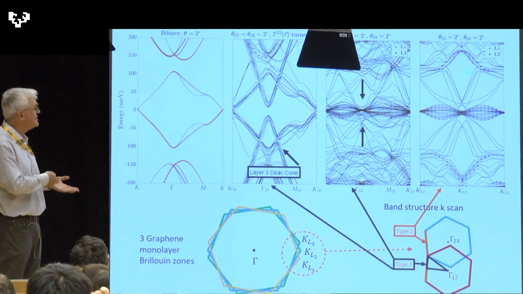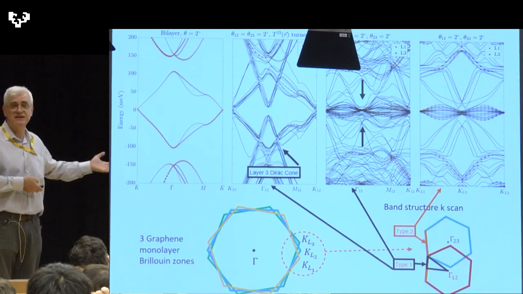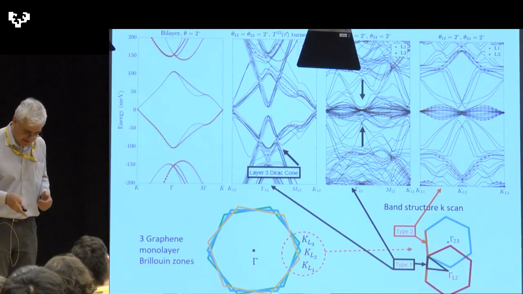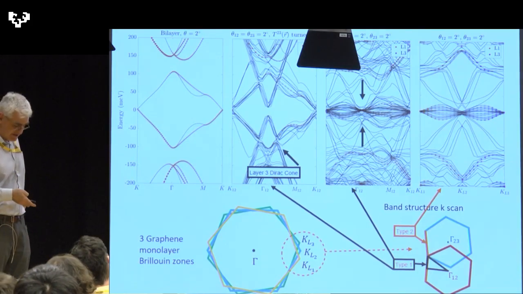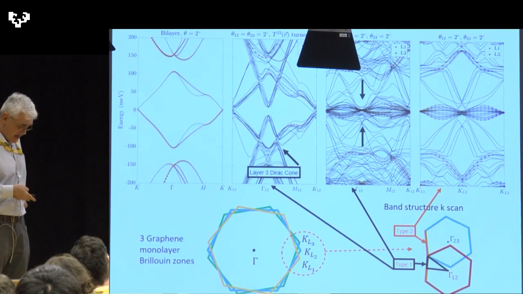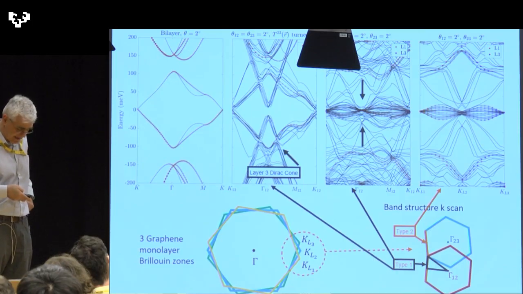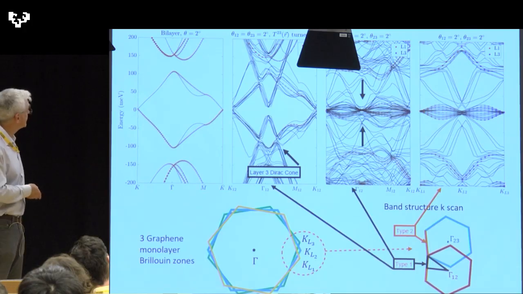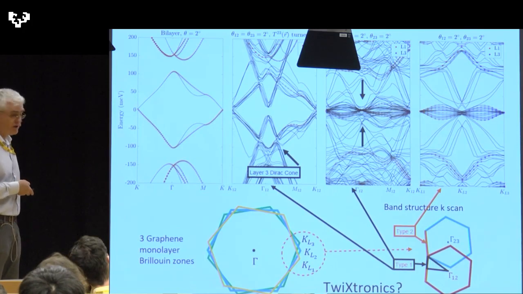This set of bands is not isolated from the rest, and it has much higher TC. This is the first time I'm showing this because it's very recent results. We just finished writing the paper, and perhaps because it's so complicated, and perhaps because it was first described in a conference in the Basque Country, maybe we should call this Twistronics.